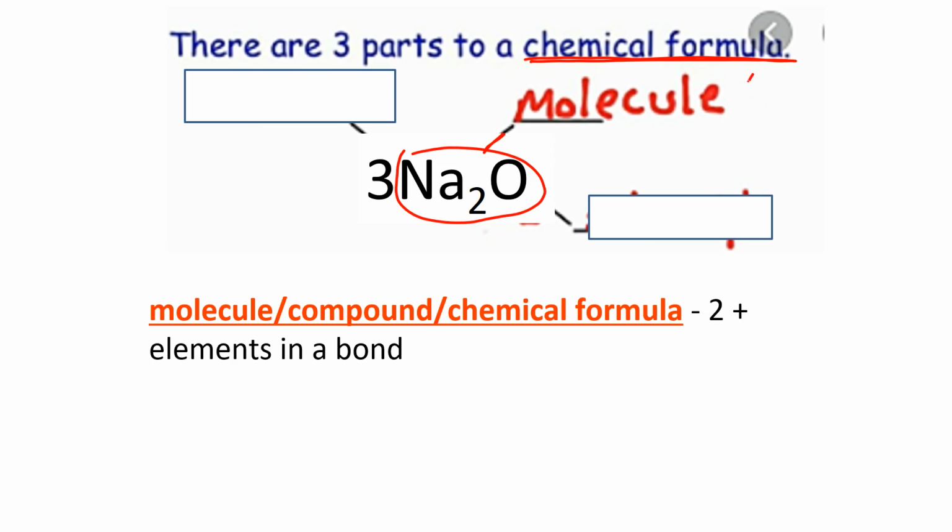But, so instead of a molecule, when it's ionic, we call it a formula unit. All right, ionic compounds are going to be called formula units. Covalent compounds are technically called molecules.